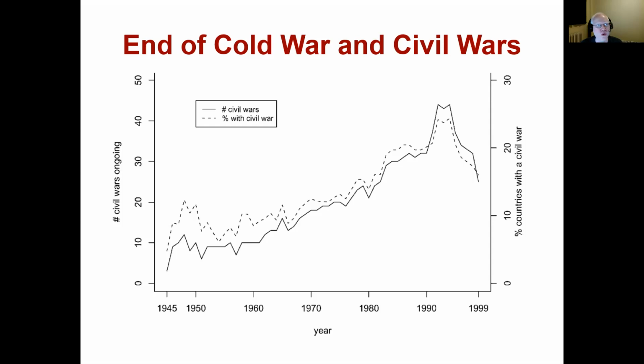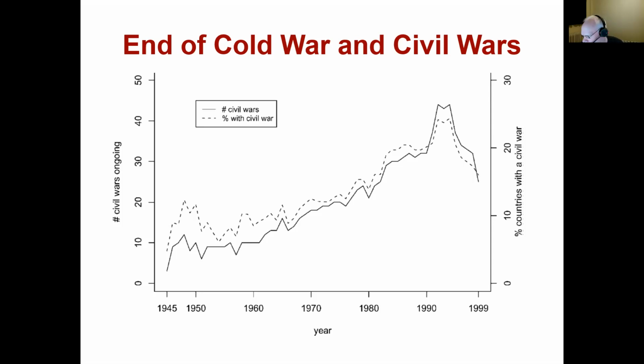So they kept control over all these different countries. When the superpower conflict ends, there's the opportunity to settle scores. There's no longer anyone preventing these wars from happening, so all kinds of ancient hatreds could come forward.